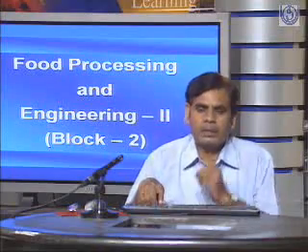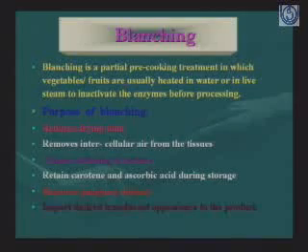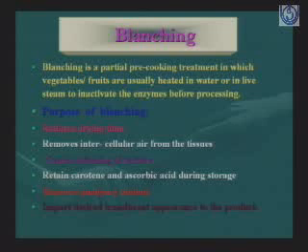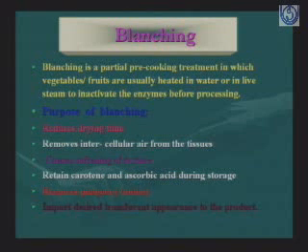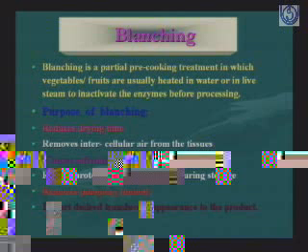Now coming to blanching, blanching is a partial pre-cooking treatment which is generally done in case of fruits and vegetables, because vegetables have certain enzymes, for example peroxidase enzymes, which have to be destroyed before processing. So that is done by blanching.